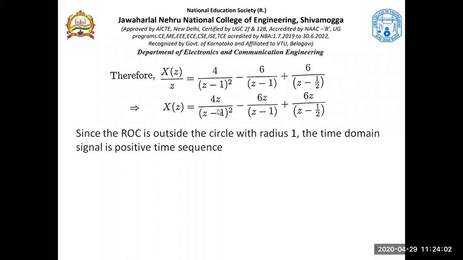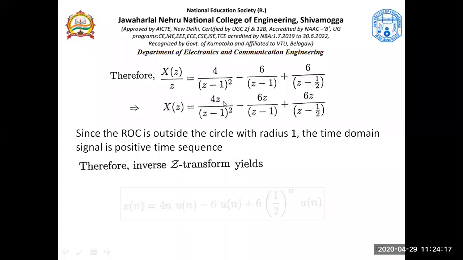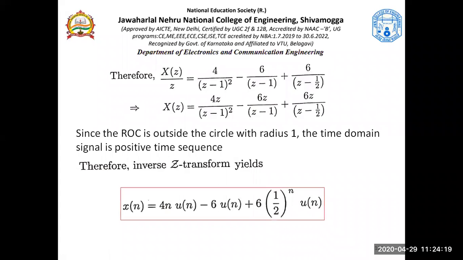But what is it for z by (z minus 1) squared? If anybody remembers that, what needs to be there is this. So applying the inverse z transform on this, we will get this. So if there is a square term in (z minus 1) here, you need to associate this n.